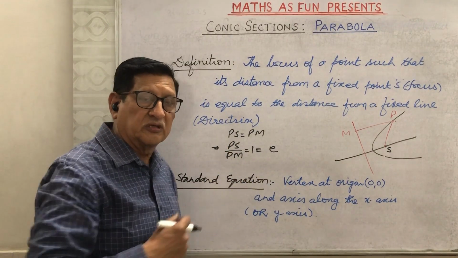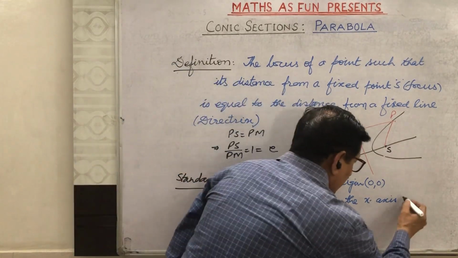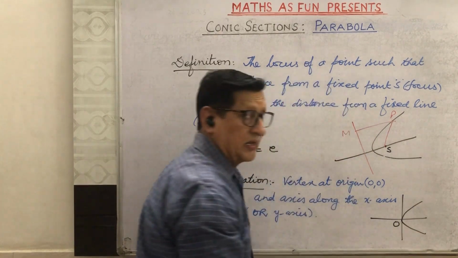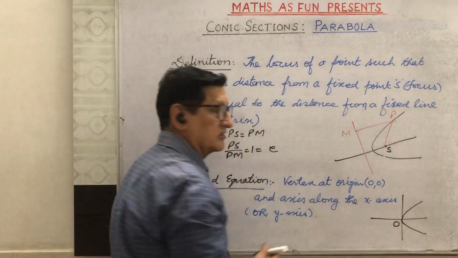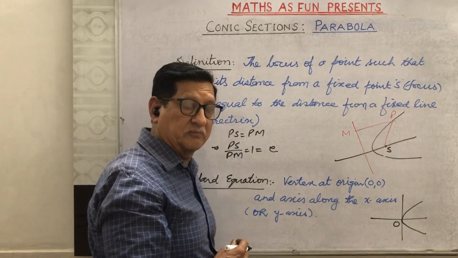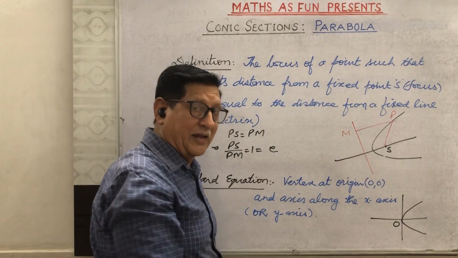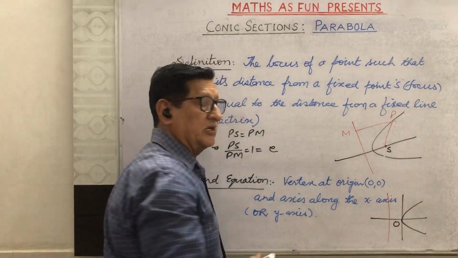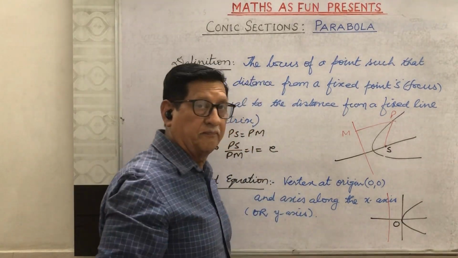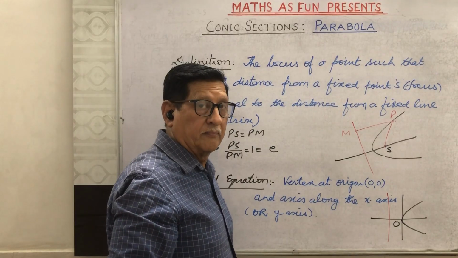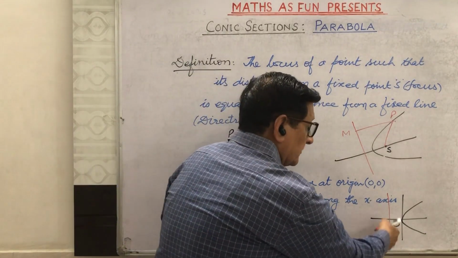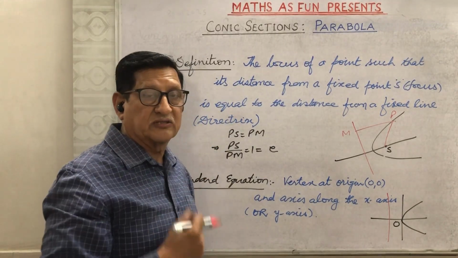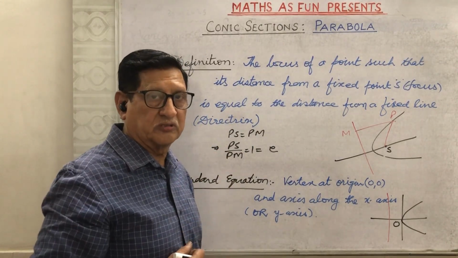Now what about the standard equation? If we have a parabola whose vertex lies at the origin and the axis is along the x-axis, or it may be along the y-axis sometimes, and the directrix is parallel to the y-axis in this case, then whatever equation this particular parabola has will be known as the standard equation.